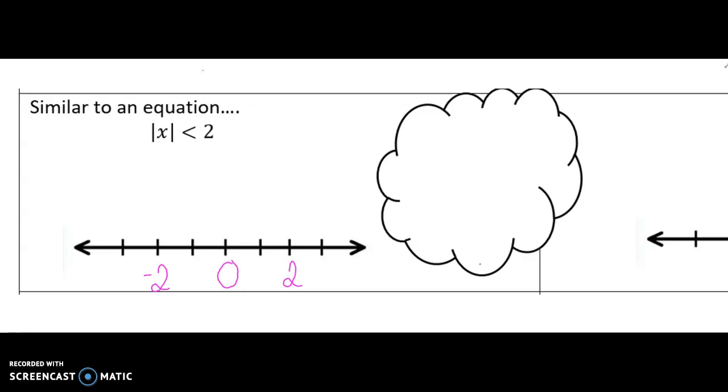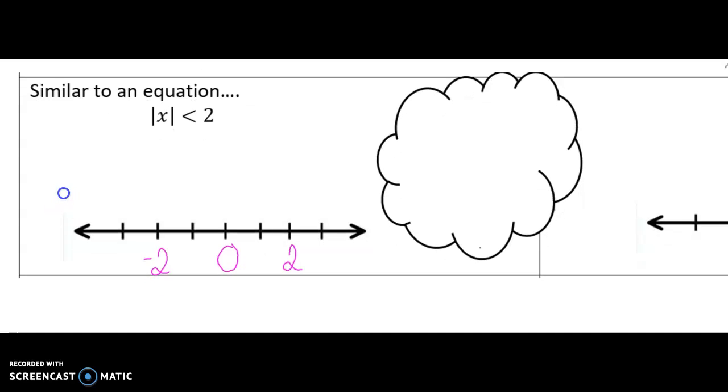Now, some students get confused and it doesn't quite make sense. That's okay. So there's this strategy that I like to use. Keep your original statement, x is less than 2. And then remember that we always changed it to get rid of the absolute value bars. We always had the positive one, and then we always had the negative one.